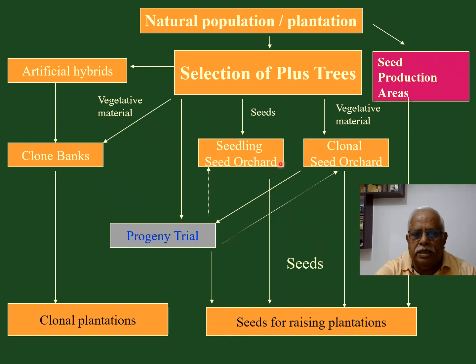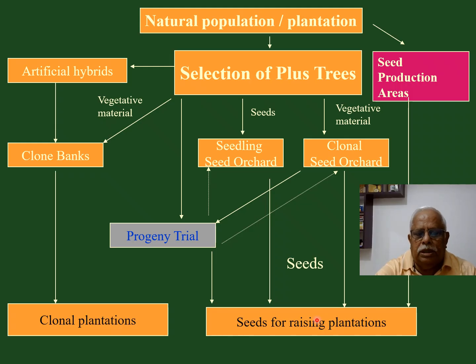Once these seed orchards have been established, we allow the trees to mate among themselves and produce good quality seeds, and these seeds are used for raising plantations either by the private industry or by the forest department.